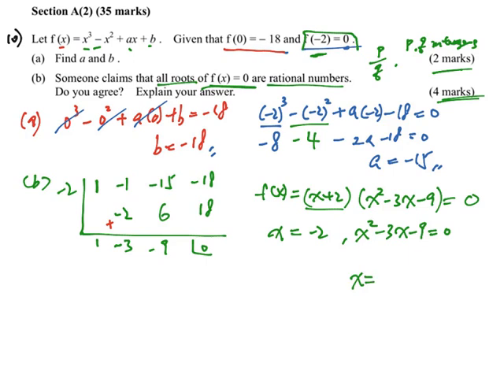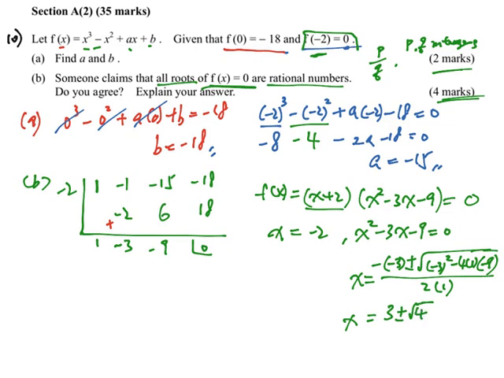Okay, let's do it. That means negative b, negative 3, plus or minus the square root of b squared minus 4 times 1 times negative 9, over 2 times 1. And we simplify. After simplification, you can get 3 plus or minus the square root of 45, over 2.